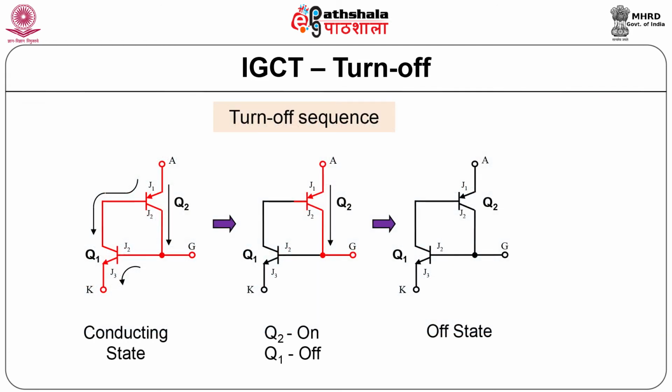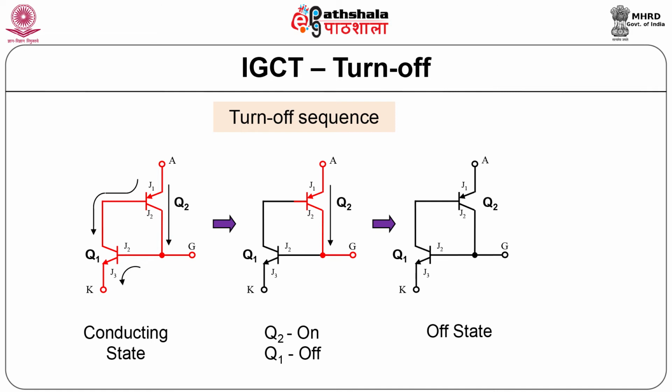Turn off sequence is shown in the figure. Turn off sequence can be visualized as shown. Initially, both transistors are in on state. When turn off pulse is given, Q1 will turn off immediately and there will be only the PNP transistor with base open.